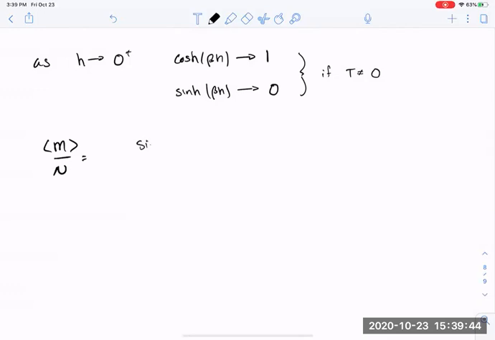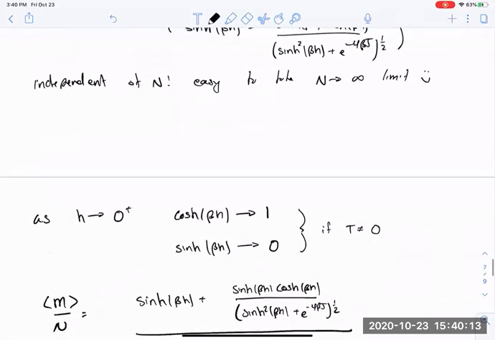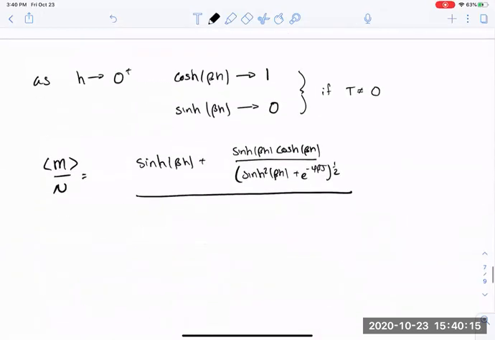We have a sinh beta H plus a beta H cosh beta H, all over, what are those factors? Cosh plus that, that's right.